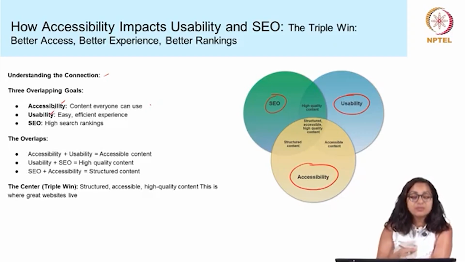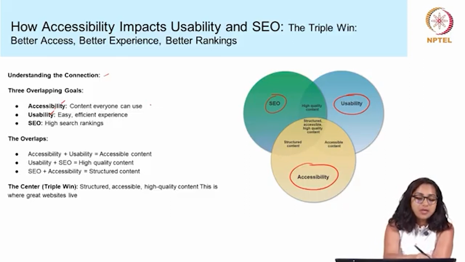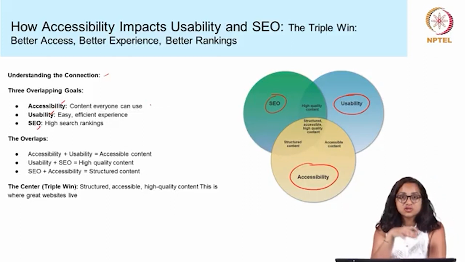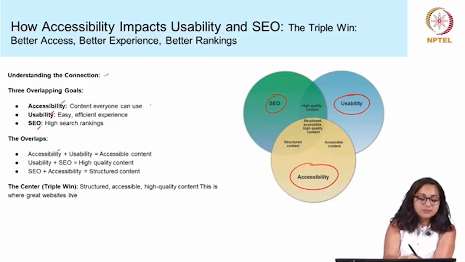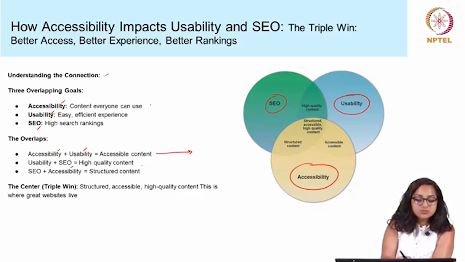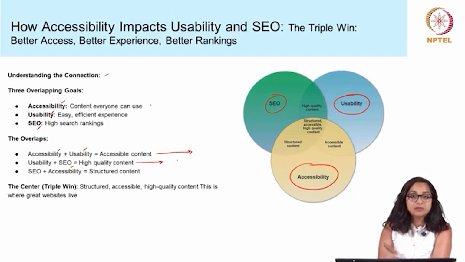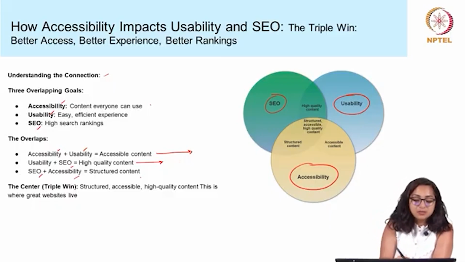Usability is talking about the efficient and easy to use experience of your content, and SEO is high search rankings. The overlaps are that accessibility and usability together make content accessible. Usability and SEO together enable high quality content at a higher rank as well as efficient experience, and SEO and accessibility together bring structured content.